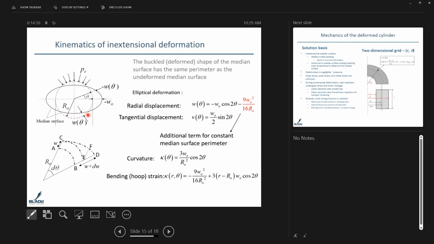So when you make that assumption, and make the usual assumptions for the first order radial and tangential displacements, you have to introduce a correction. And this correction makes sure that your median surface has a constant perimeter during the deformation. And once you make that adjustment, it becomes a fairly routine calculation, using the same set of equations and the hardening rules that I showed you a while ago.